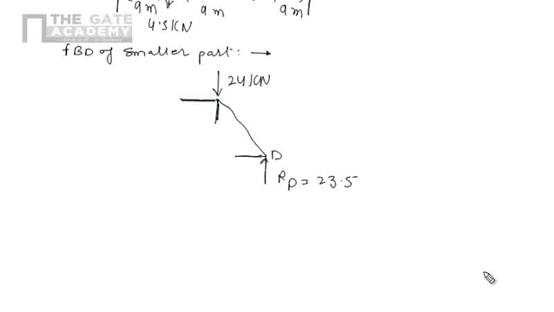So according to our assumption, we will draw the tensile force, because we assume all the forces in the members are tensile. For marking the tensile force, the arrow will be away from the joint.